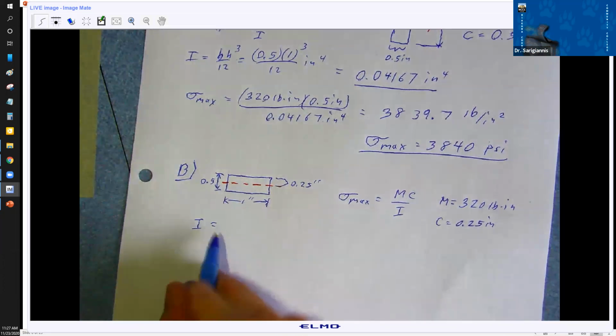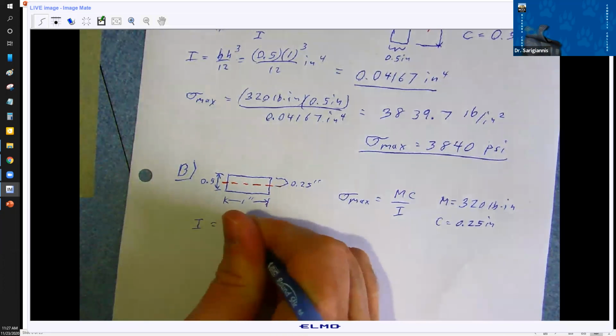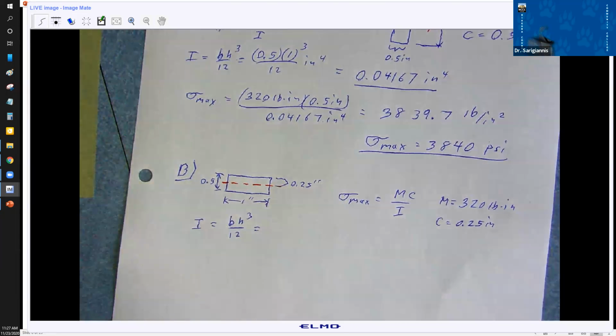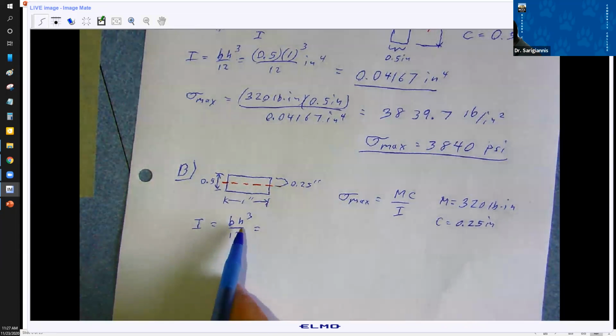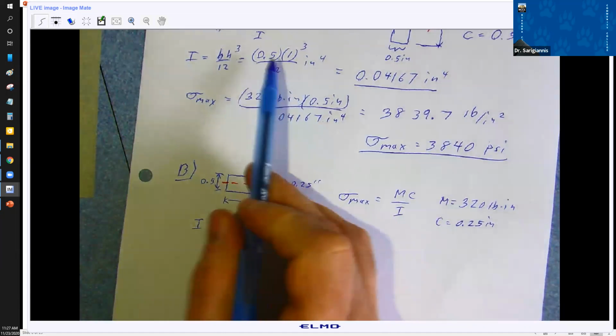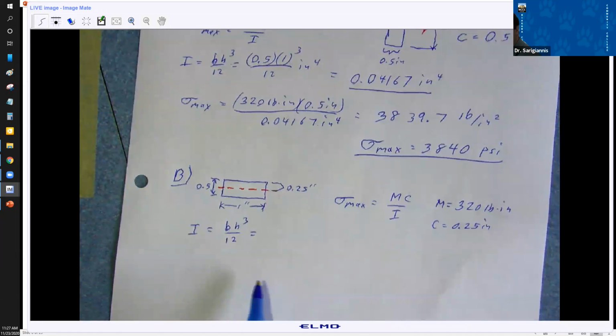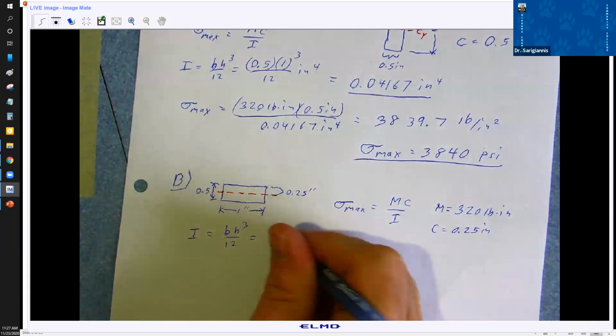So here we've got bh cubed over 12 for a rectangle. But what are b and h now? These are different, right? Up here, base was 0.5, height was 1 inch. Right now, base is 1 inch.